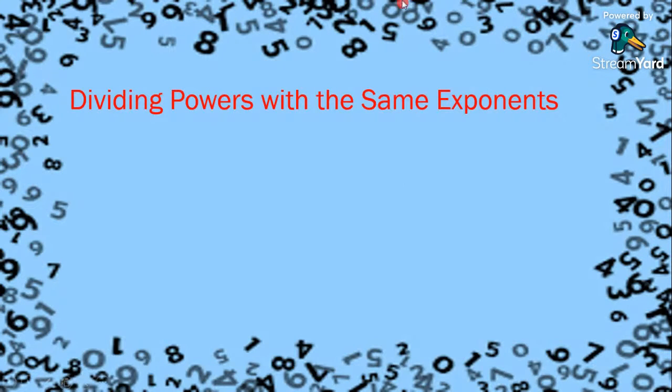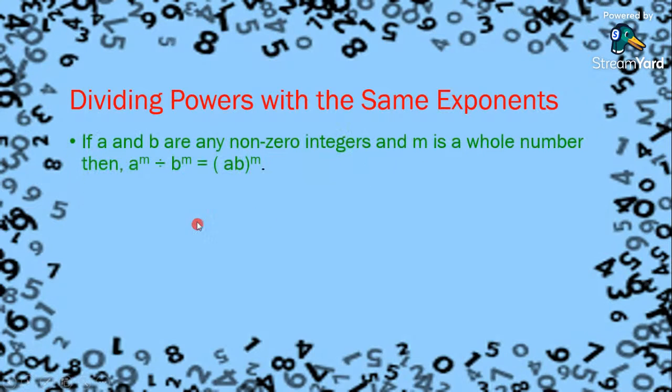Now let's see. If a and b are non-zero integers and m is a whole number, then a to the power of m divided by b to the power of m equals a divided by b, to the power of m.